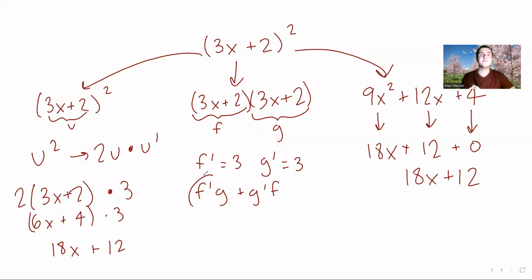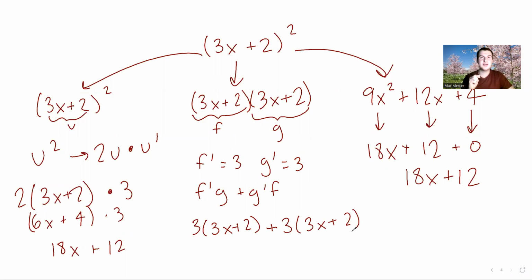So then f prime times g is 3 times 3x plus 2. So let's write that. And then we add g prime, which is 3, times f, which is again 3x plus 2. So 3 times 3x plus 2.